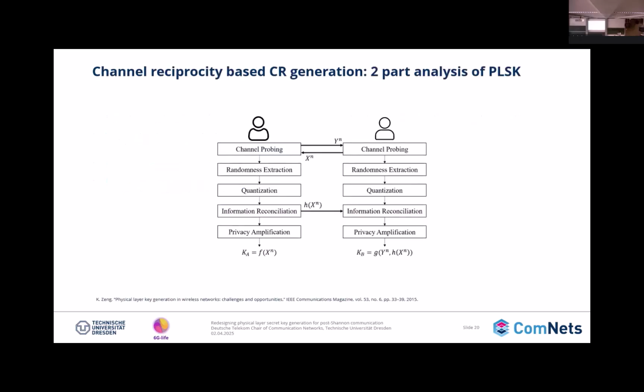So first, we take a look at the basics of PLSK. We have a five-step process for physical layer key generation. The first is channel probing, where the legitimate parties send pilot signals to each other, and it has to be done within a certain duration of time to read reciprocal channel properties.